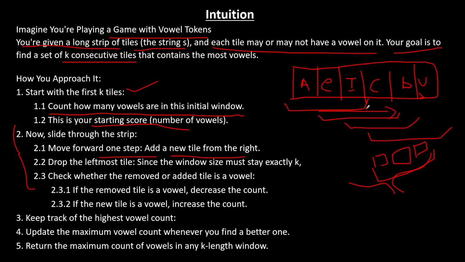As I said, the person takes one tile which is ahead, basically the fourth tile, just C in this case. He will take it in his hand and we will drop the leftmost tile, the tile which is in his left hand. He will drop that tile. Again the number of tiles becomes 3.